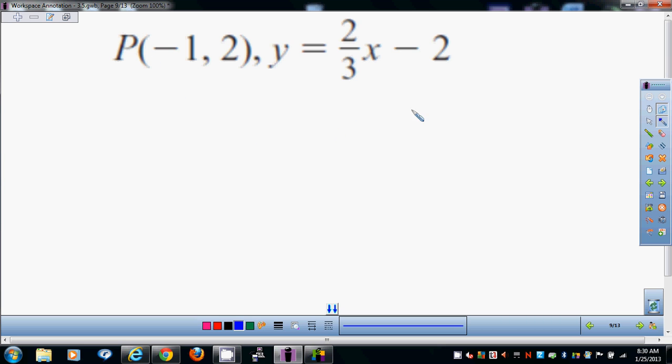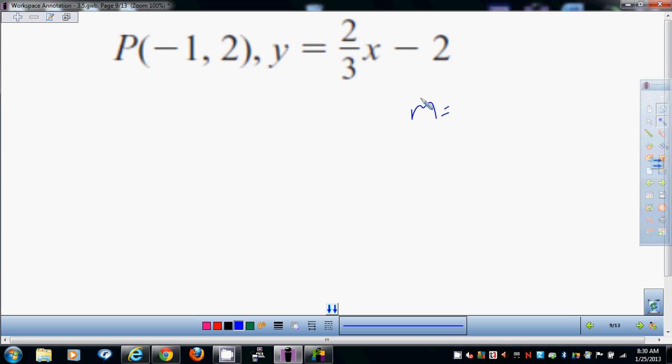That's you, Elijah. Can you help him out? Malik? If my line's going to be parallel to this, what's my slope going to be? Yes. If it's parallel, it's the same. So it's just that number being multiplied by the x.